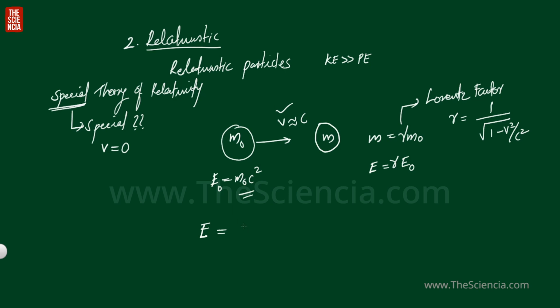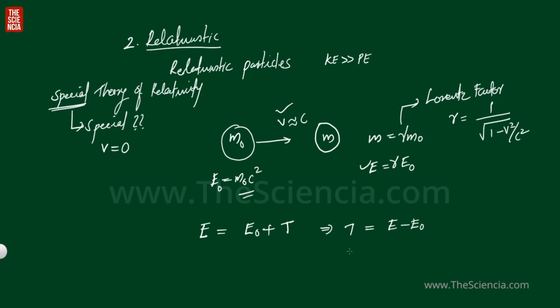So it has a rest mass energy, that is E0, plus it has a kinetic energy due to its motion, that is T. So I can rearrange this equation to find the kinetic energy, that is T is equal to E minus E0, where we know E is gamma E0.